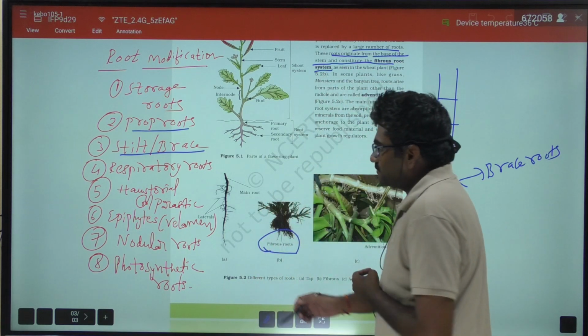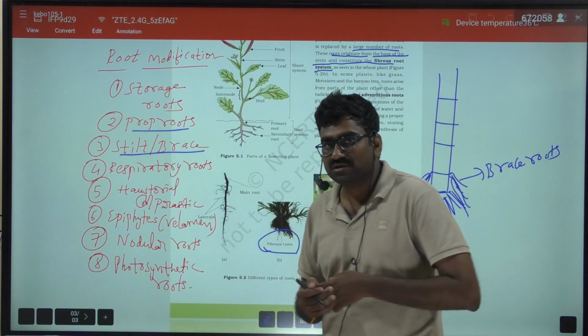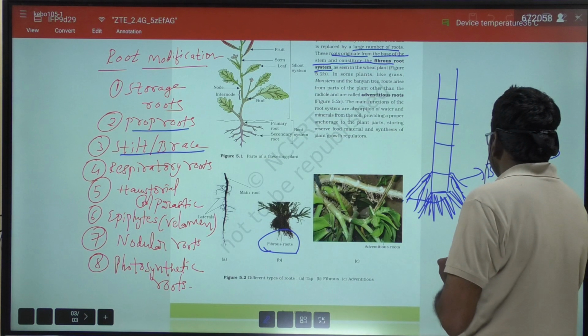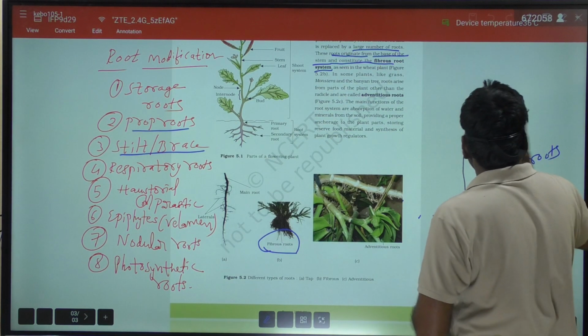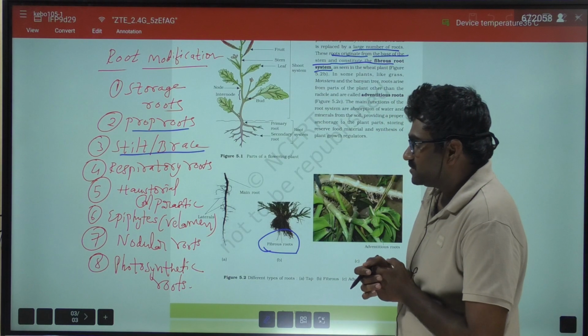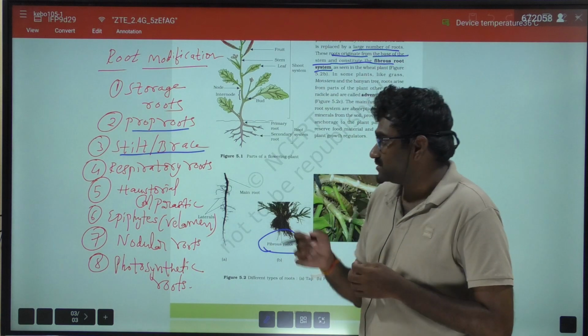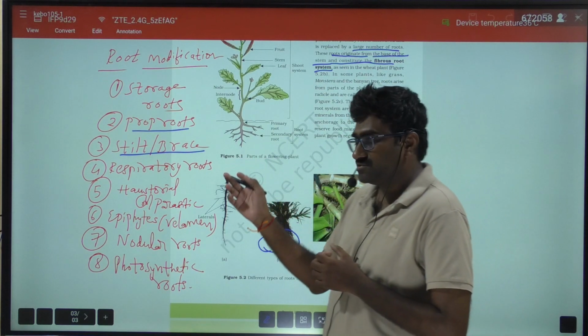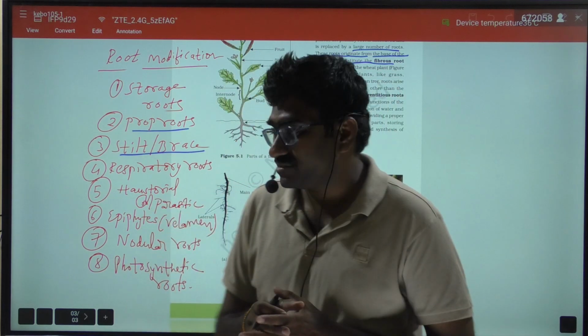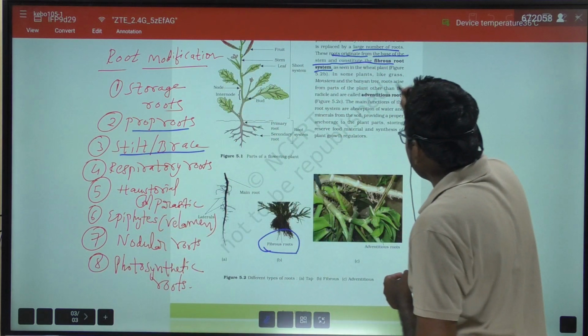Next, fourth, respiratory roots. These roots are also called breathing roots. This type of root is found in the mangrove forest, especially mangrove plants such as Rhizophora and Avicennia.